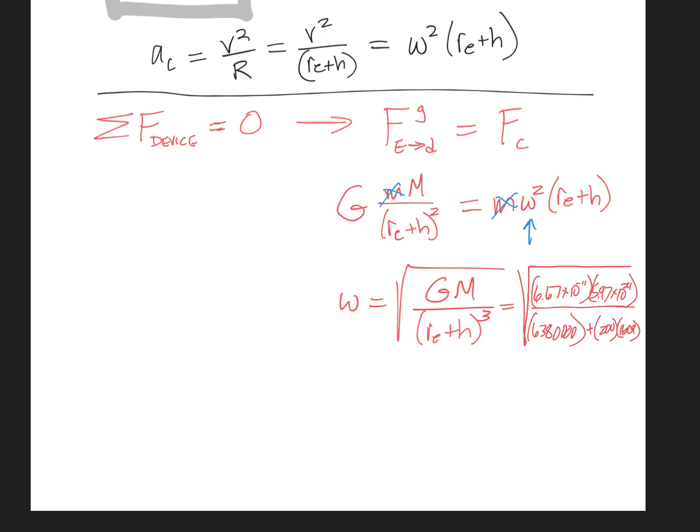You could also, like I said, Google 200 miles to meters. It'll give you some number, and you would put something other than a product in here. Anyways, if you go through all of that input, you're going to get roughly 1.15 times 10 to the minus third radians per second.